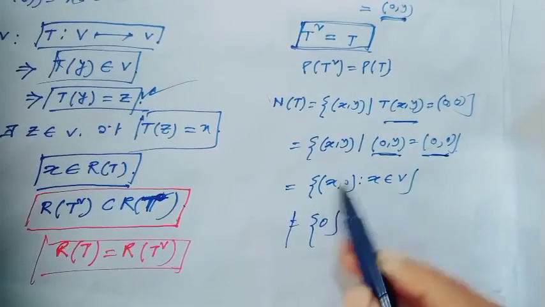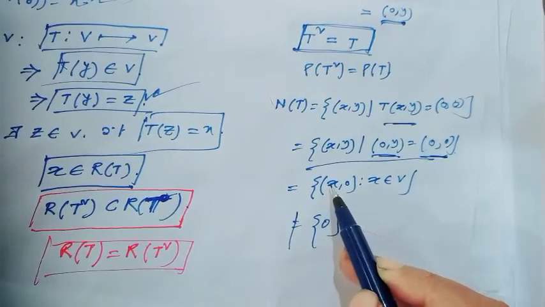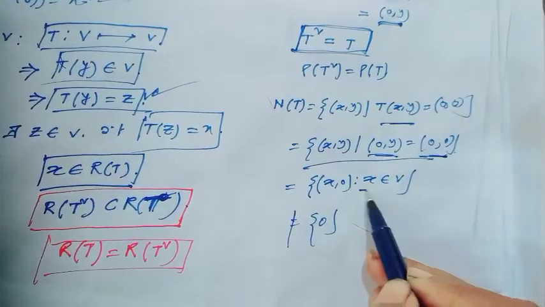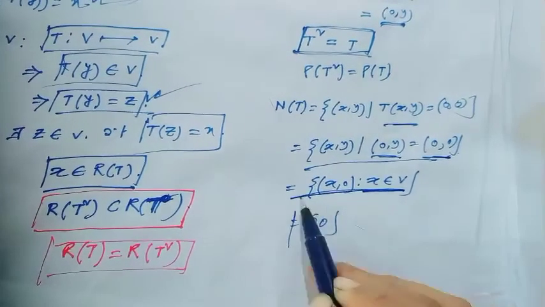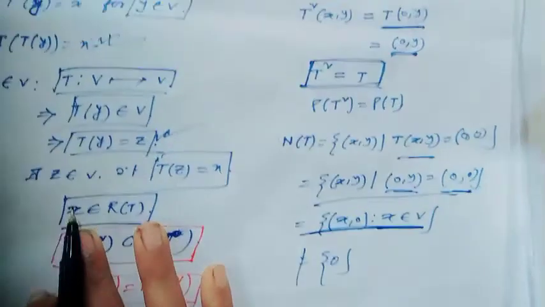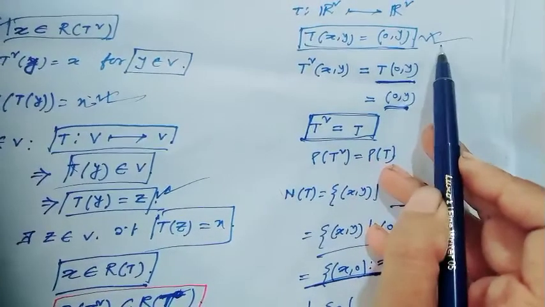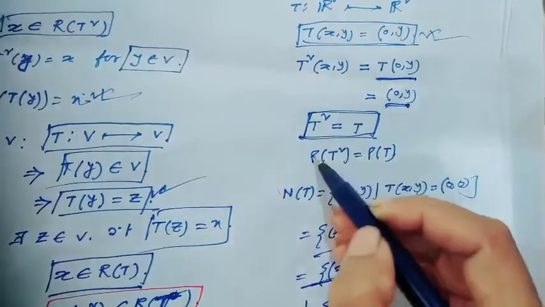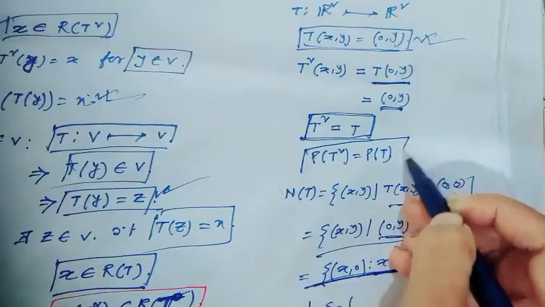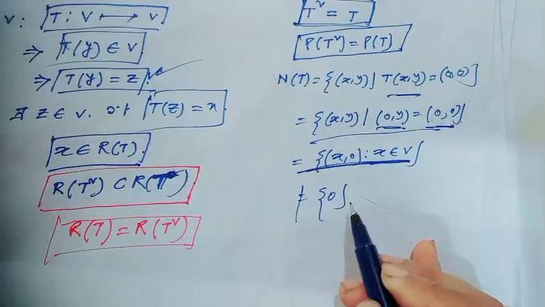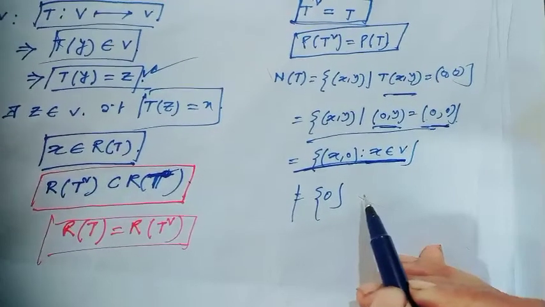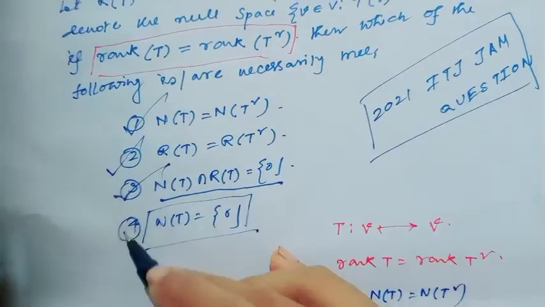This means the null space is the set of elements (x, 0) such that x belongs to V. Therefore, here I have got one linear transformation which satisfies the condition rank T square equals rank T, but its null space is not equal to the singleton set 0. So option 4 is a wrong option.